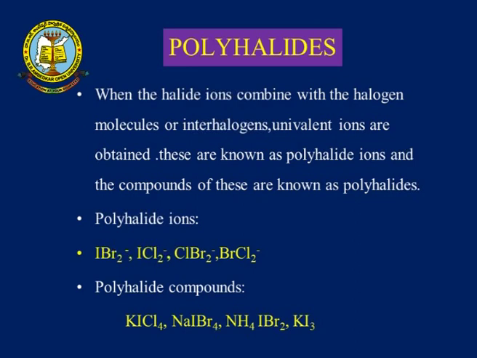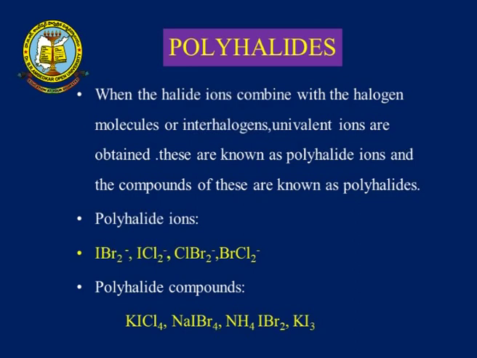These are known as polyhalide ions, and the compounds of these are known as polyhalides, right. Examples of polyhalide ions are IBr2 minus, ICl2 minus, ClBr2 minus and BrCl2 minus. So these are all polyhalide ions.